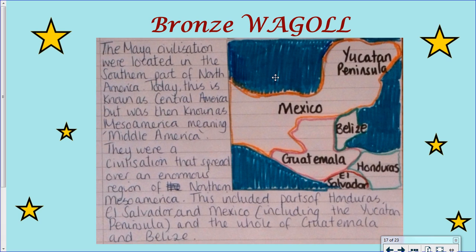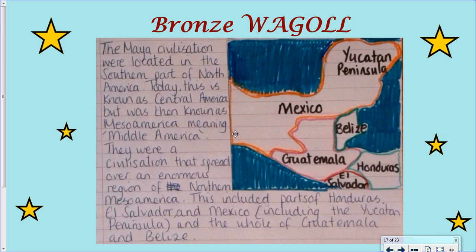Please excuse my blue felt tip pen, I left my colouring pencils at home, but that was just to represent the sea. So I've just talked about the Maya civilization was located in the southern part of North America. Today this is known as Central America, but was then known as Mesoamerica, meaning Middle America. They were a civilization that spread over an enormous region of northern Mesoamerica.